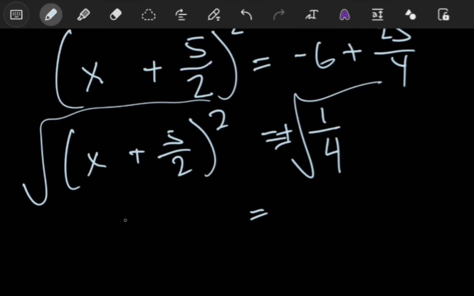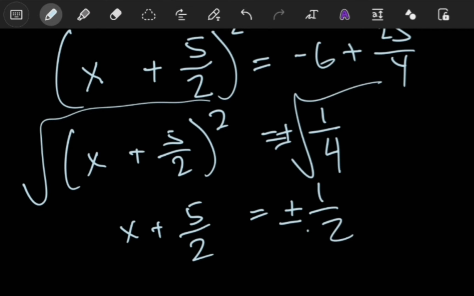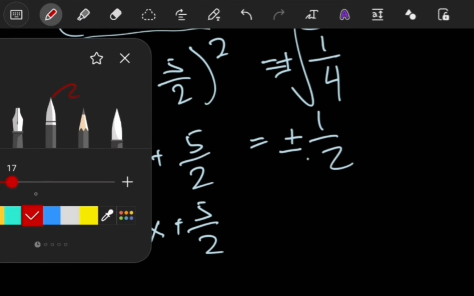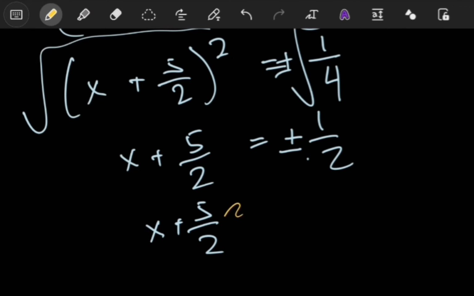And then we have x plus 5/2 equals plus or minus 1/2. And then we have x plus 5/2. We can subtract both sides by 5/2 so that we can isolate x.